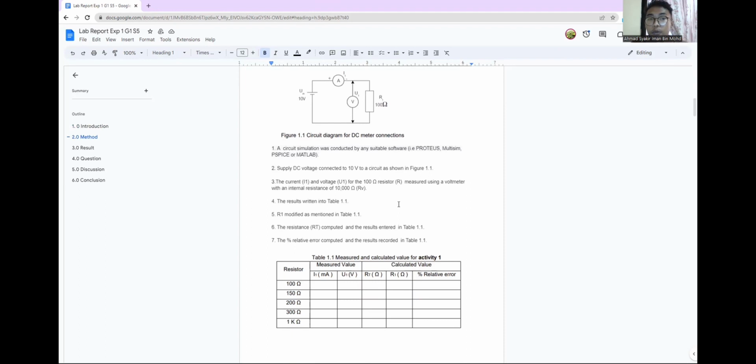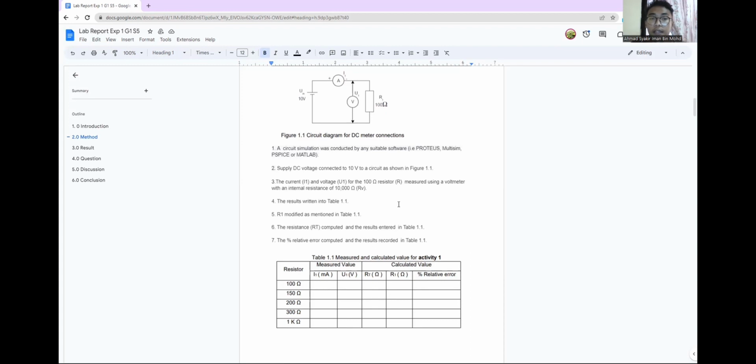I1 and voltage U1 for the 100 ohm resistor are measured using a voltmeter with an internal resistance of 10,000 ohm. Then the result is written into table 1.1. Next, R1 is modified as mentioned in table 1.1.